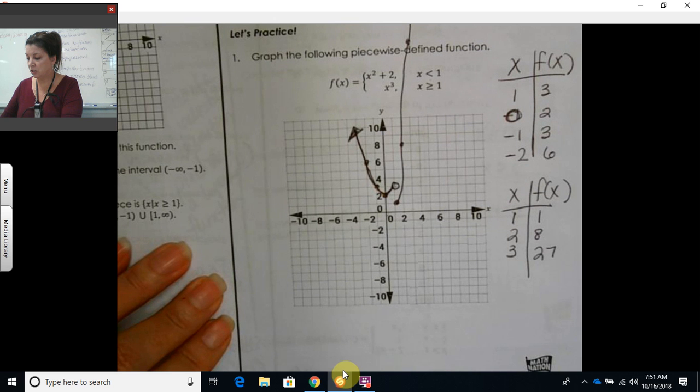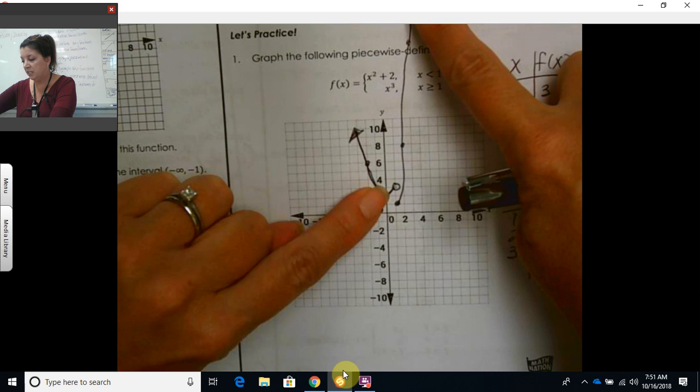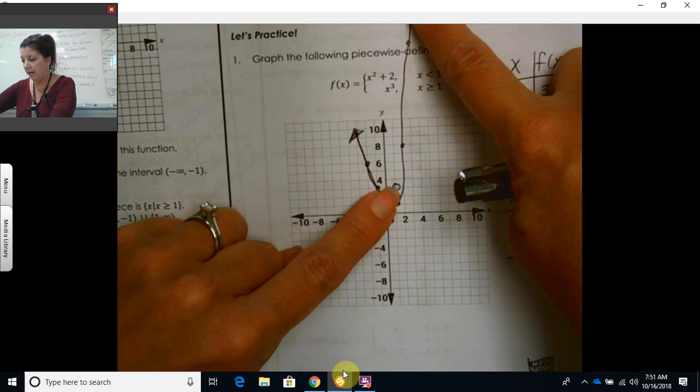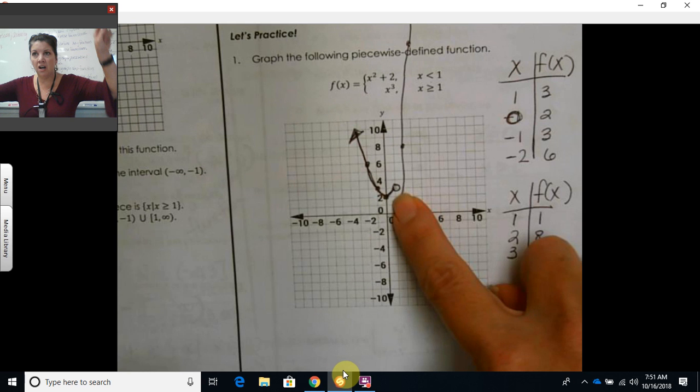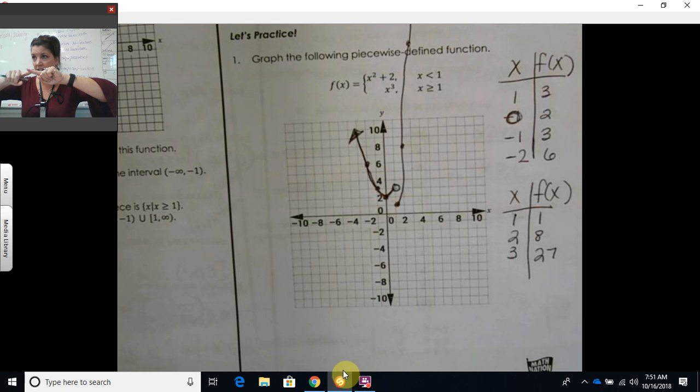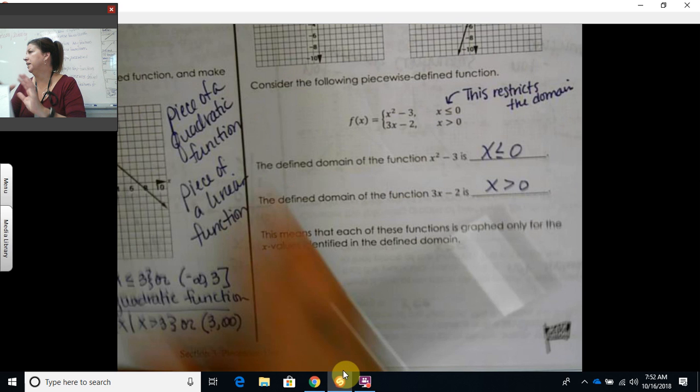So as your functions are coming to meet each other, this function is approaching 4 on the y-axis. This function is approaching 1 on the y-axis. They're not going to the same place and including that point. Okay, so this time let's write down the technical reason.